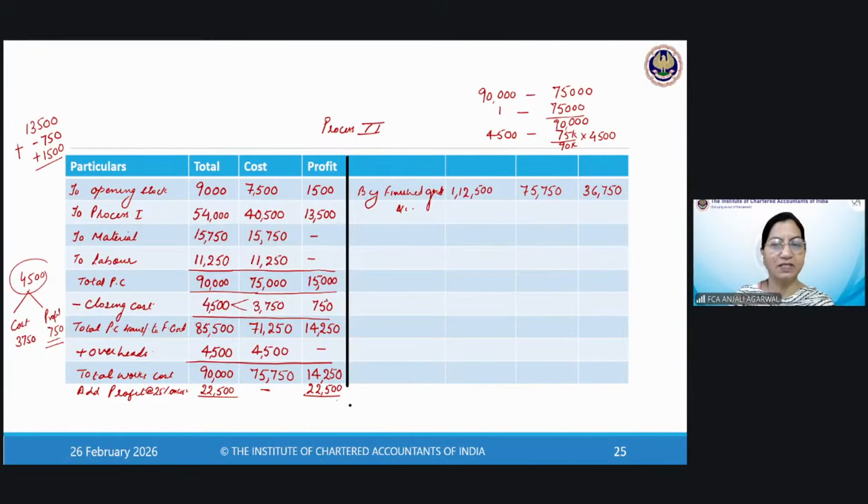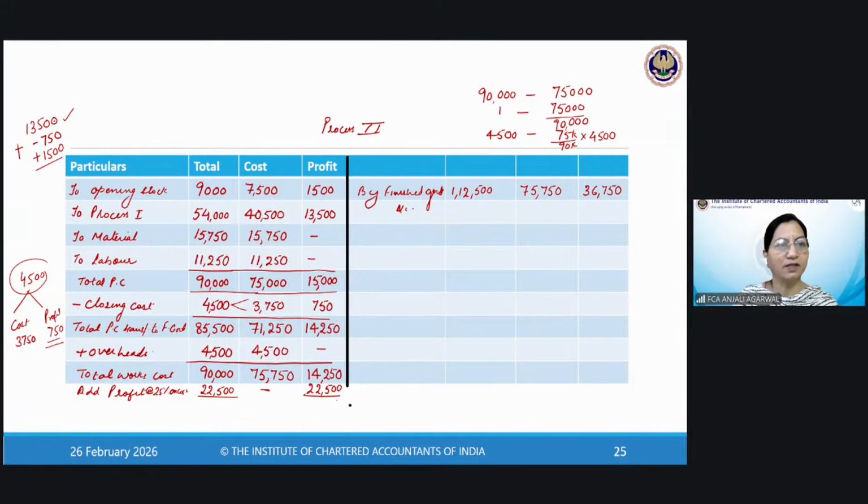That will not be realized because process 2 was not able to move these goods to the finished stock. They were remaining with process 2. So the profit of process 1 will also be blocked here. Process 1 earned 13,500 and then passed on to process 2. If process 2 would have been able to sell it entirely, then 13,500 would have been released. But no, it blocked with itself 4,500 worth of goods. So the process 1 750 rupees profit also got blocked.